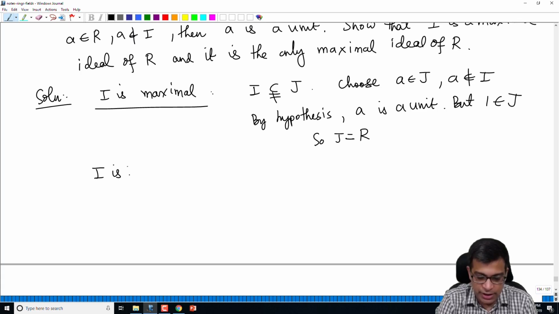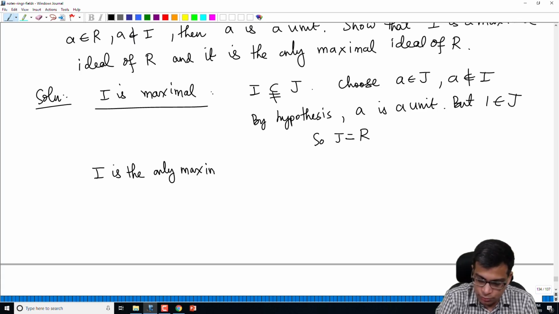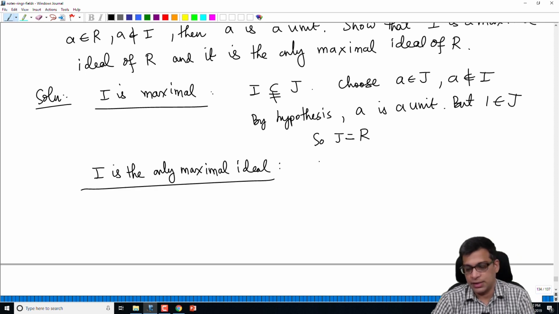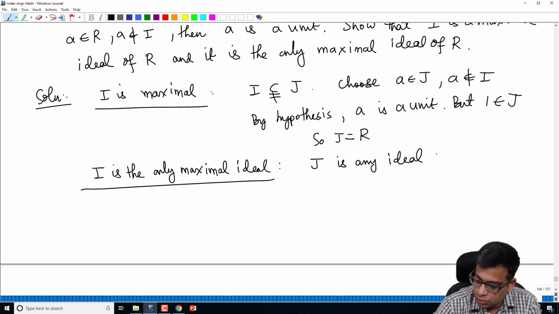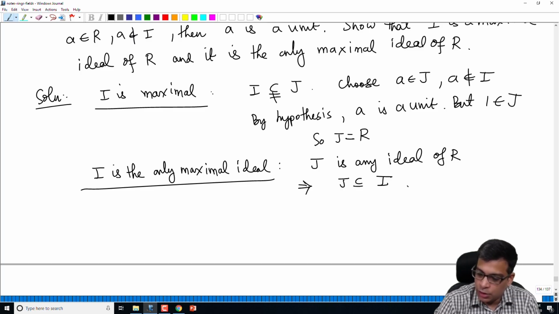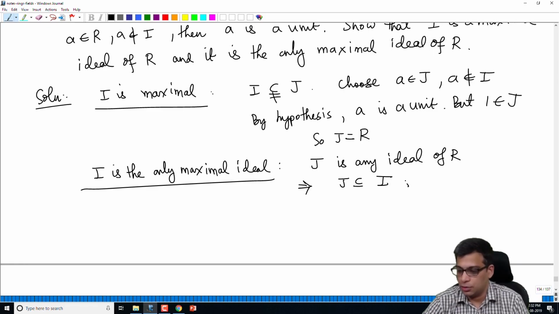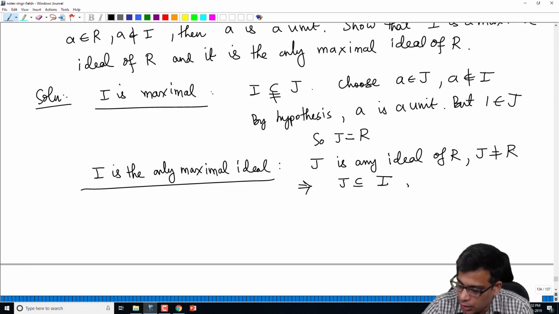So any ideal that strictly contains I must be equal to R. The next part is I is the only maximal ideal. Why is this? Suppose J is any proper ideal of R. I claim J is contained in I. I claim that every proper ideal of R is contained in I. Why is this?